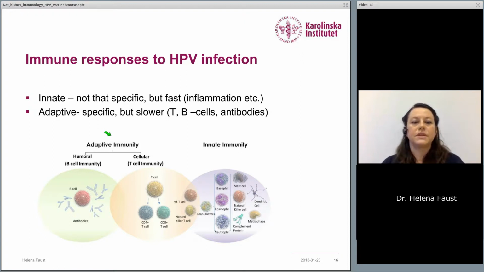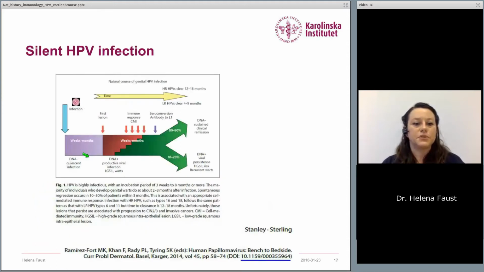Adaptive is very specific, but it takes time. The adaptive immune system is divided into cellular immunity, meaning T cells, and humoral immunity, meaning B cells, which produce antibodies.